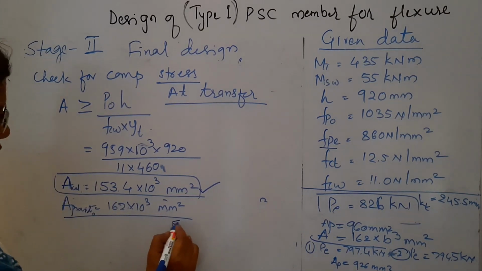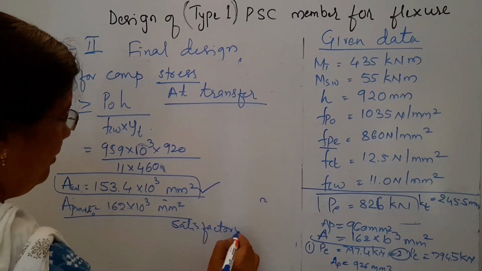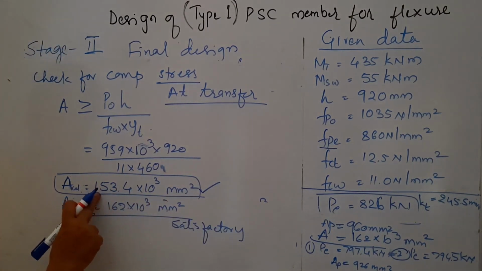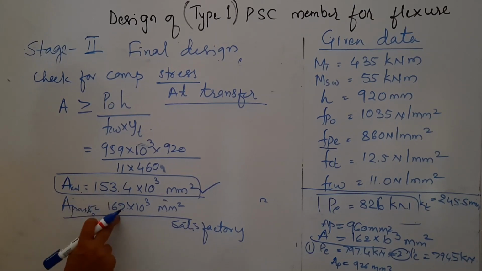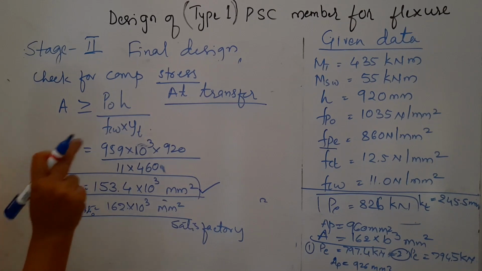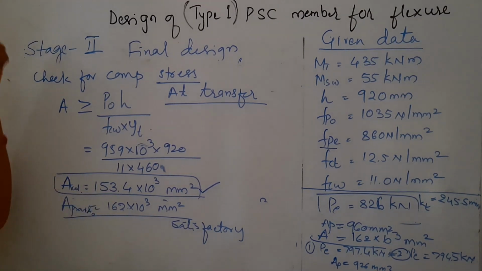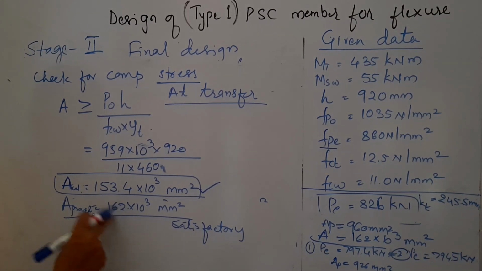Therefore, it is satisfactory. And if this 153 were more than 162, then we have to revise the section itself. For the trial section, you can increase the width or the depth, and then all the steps of the same design should be repeated and finally we should get this. If it is satisfactory, we can stop here.